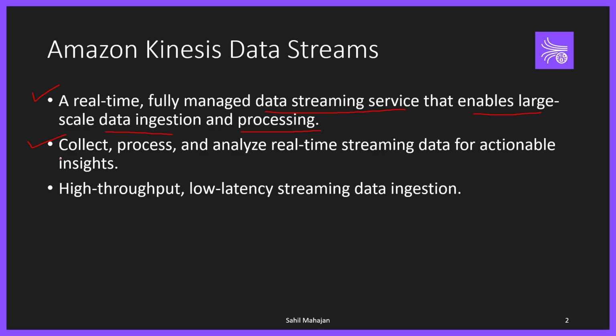You can collect, process, and analyze real-time streaming data for actionable insights. We'll talk more about some use cases for real-time streaming data and actionable insights. Amazon Kinesis Data Streams has high throughput and low latency when you are ingesting streaming data.